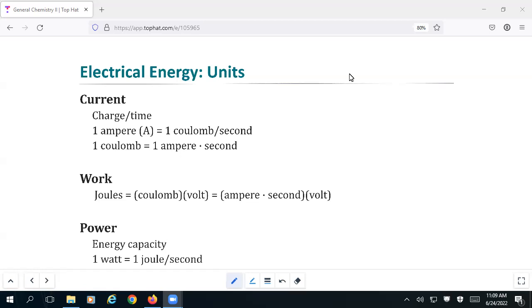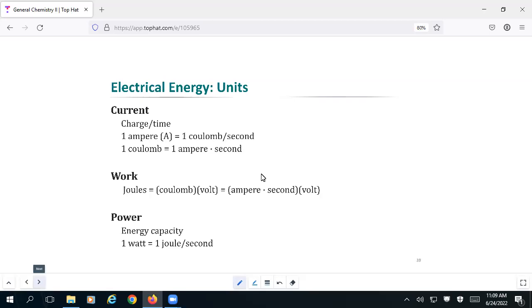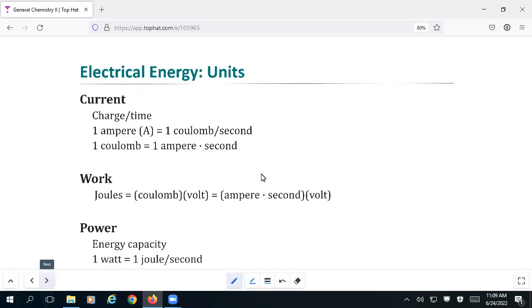And if you put the terms all together here, you can see that if I substitute this definition of coulombs in for amp, using amps and seconds, I get that joules are an amp times seconds times volts.